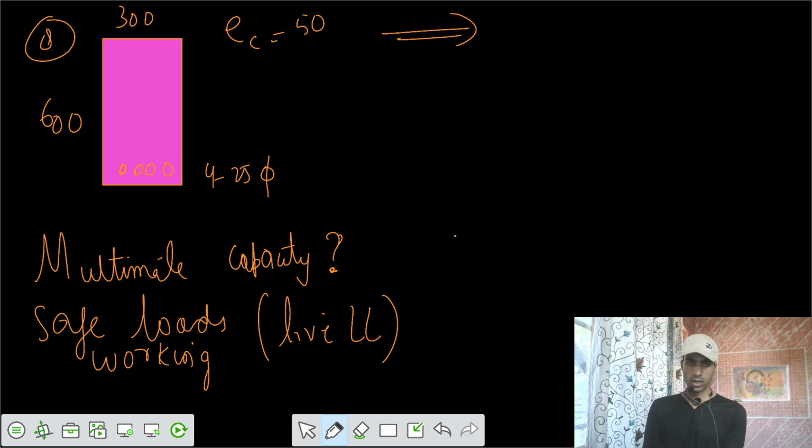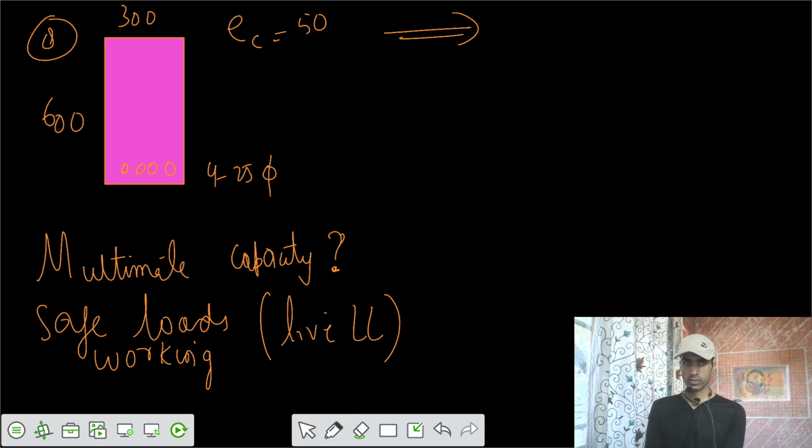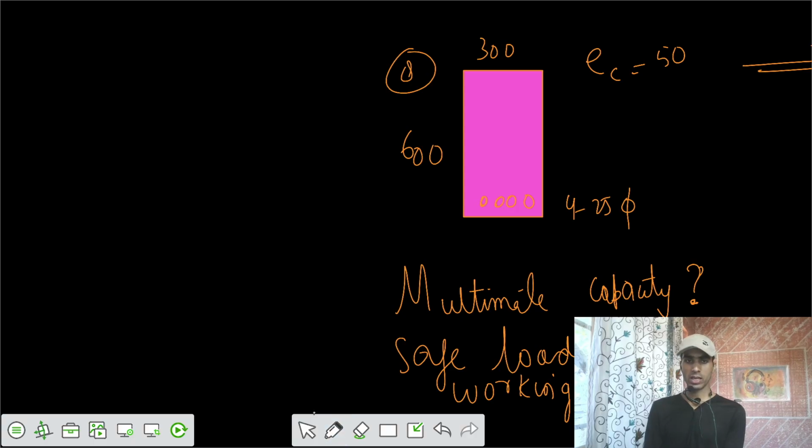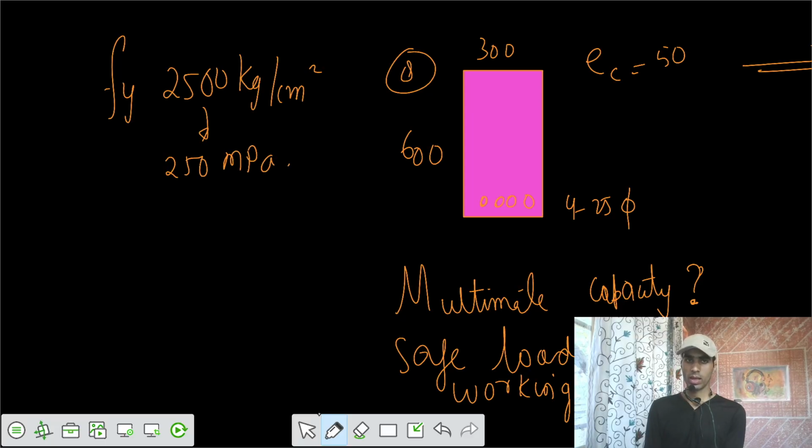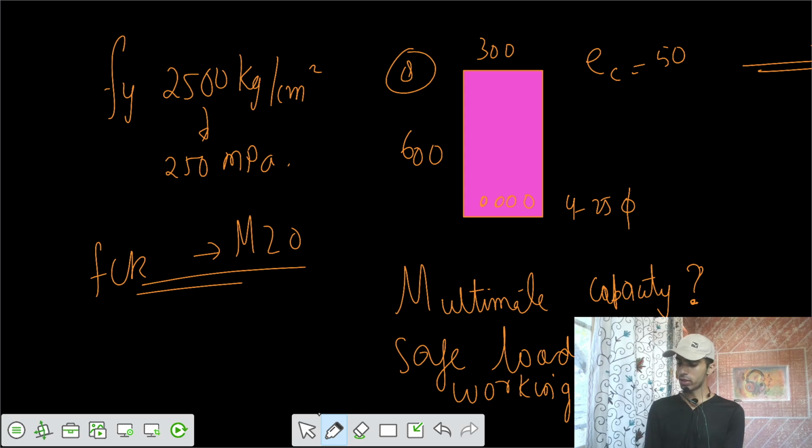We already know the load factor is 1.5, and we have the data for the material. Fy is 2500 kgs per centimeter square, that means 250 megapascals. Fck is M20.